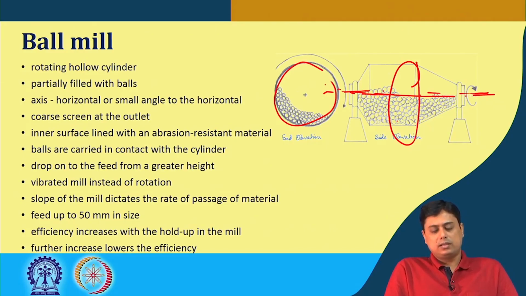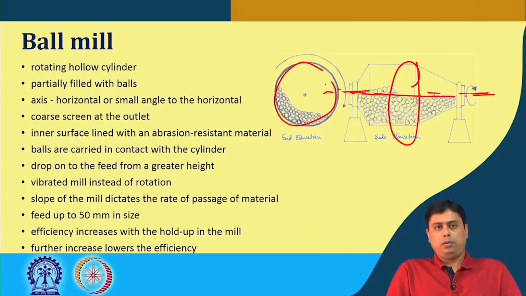Sometimes this mill is vibrated instead of rotated. So, instead of the rotating ball mill, nowadays there are some popular applications of such a mill containing balls inside in a vibrating motion.